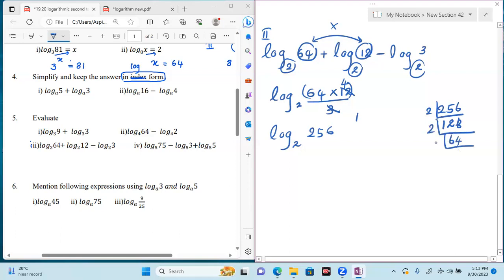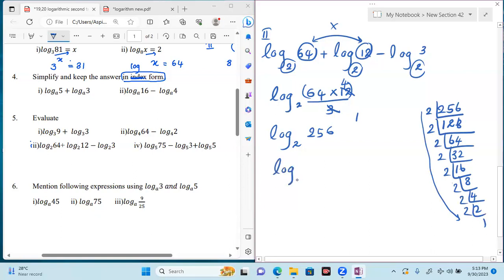Again divide by 2. Likewise, you have to do this repeatedly until you obtain 1. Then look at how many times we have divided: 1, 2, 3, 4, 5, 6, 7, 8. 8 times we have divided.